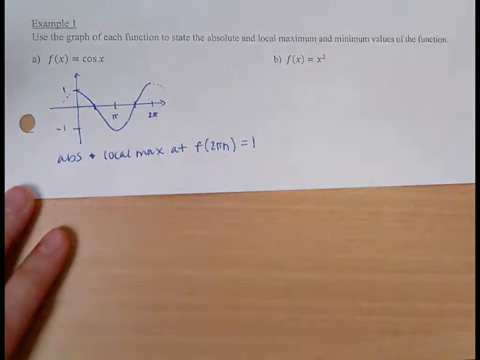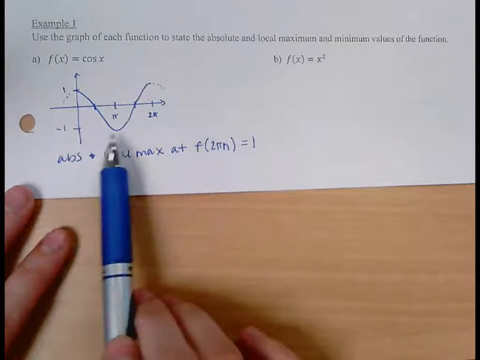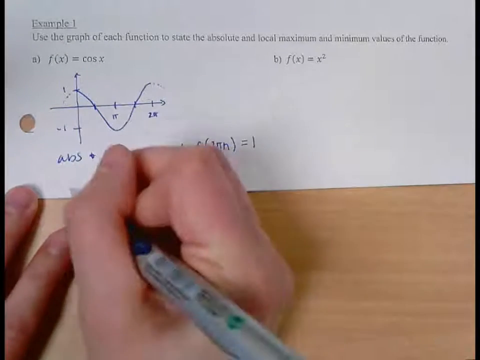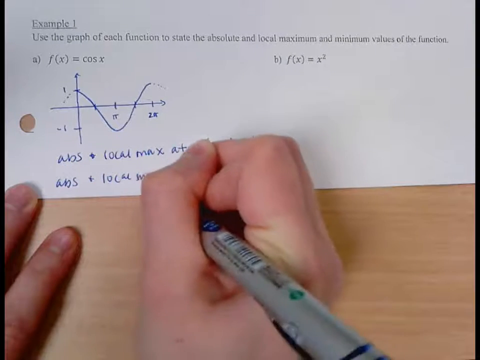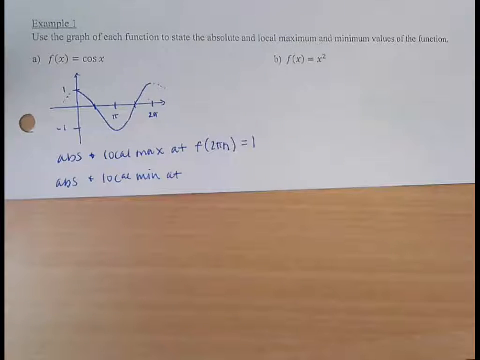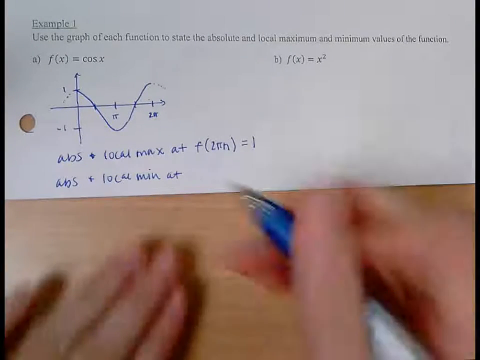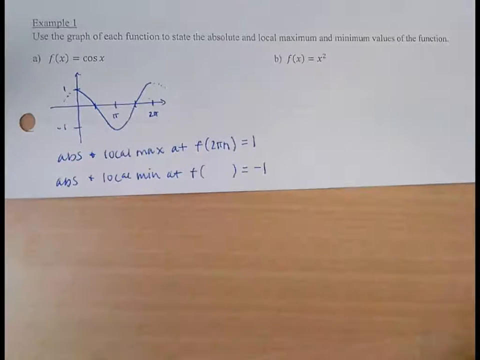Okay, and then there's also a similar idea for the minimums, absolute and local minimums. So all of the absolute minimums are also local. I want to write where those occur. And that y value is -1.